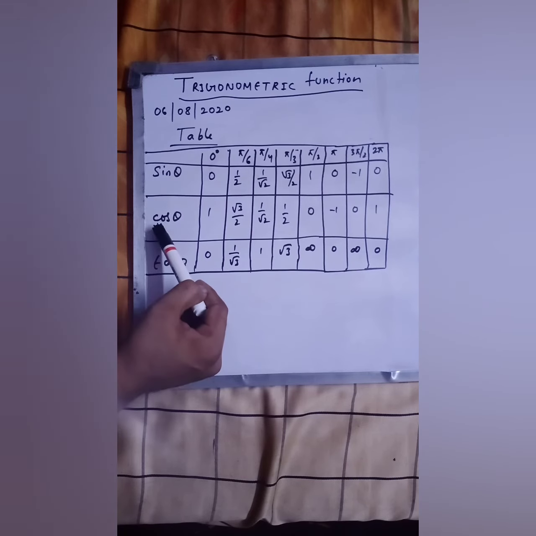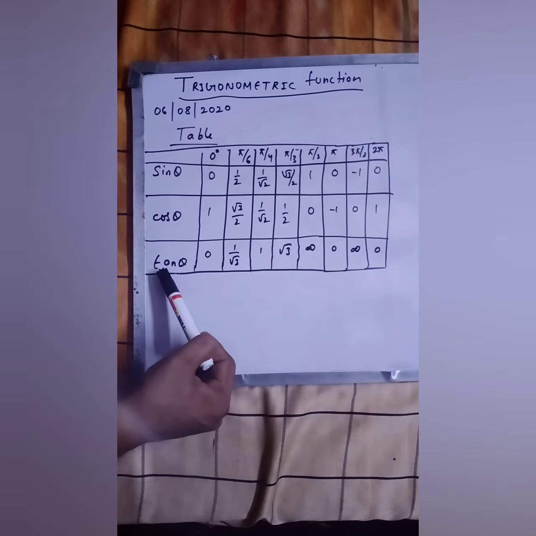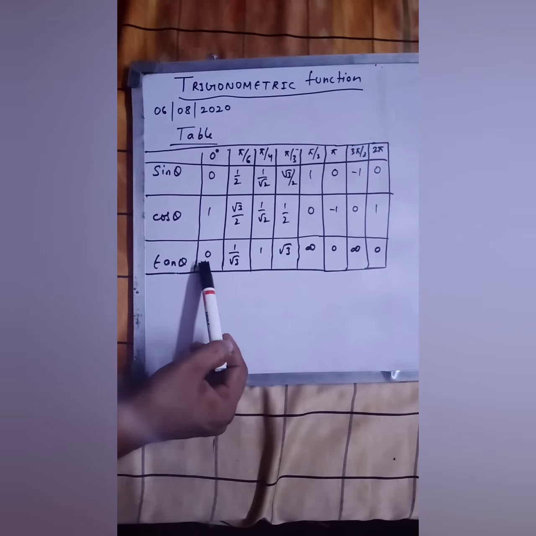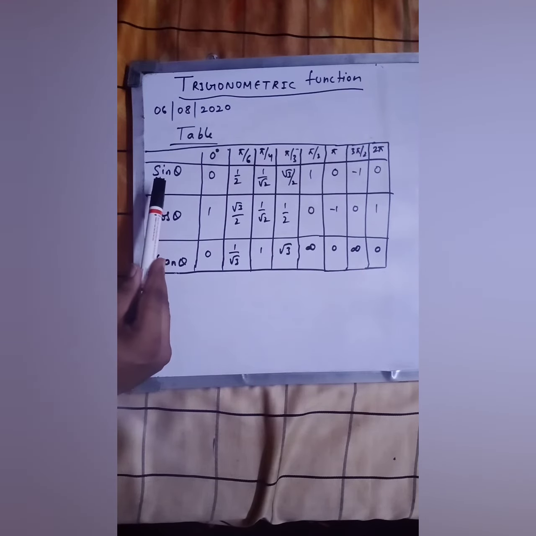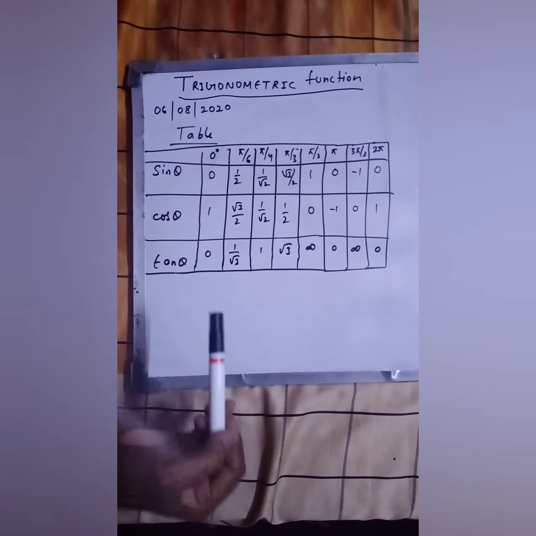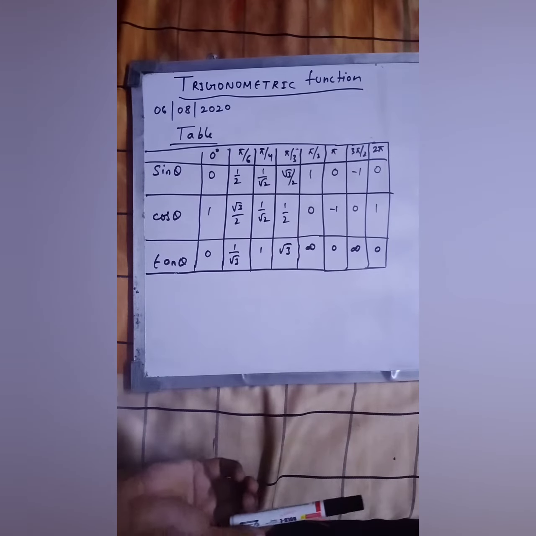Fine. And similarly, you will get the value of sec theta by the reciprocal of the value of cos theta. Fine. And similarly, you can find out the value of cot theta by just finding the reciprocal of the value of tan theta. Fine. So that's why I'm showing only 3, and the rest of the 3 you can calculate.